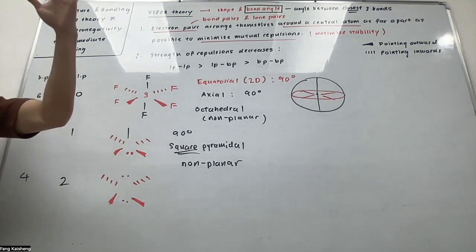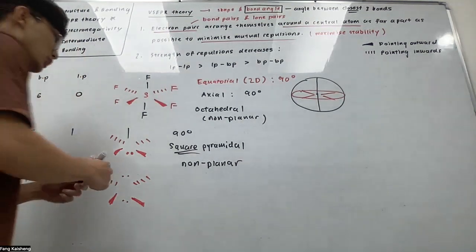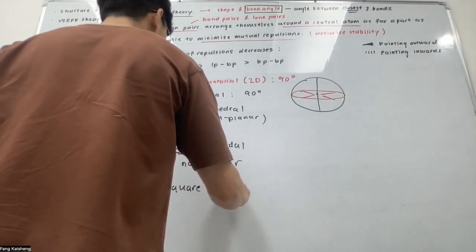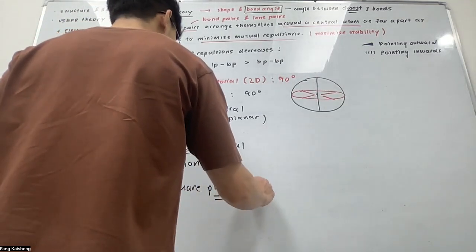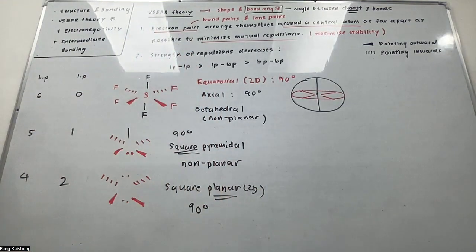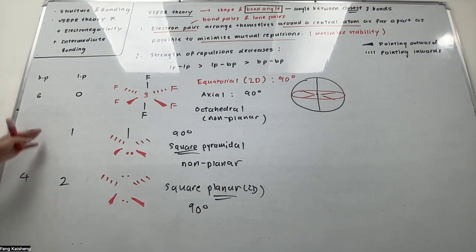I have no more north pole, no more south pole, and the equator is flat. So that's why this is called square planar. The word planar implies it is 2D, and the word square implies it's 90 degrees. Very common shape, by the way. 6-0 and 4-2 are very common shapes. 5-1, I don't really see all that.